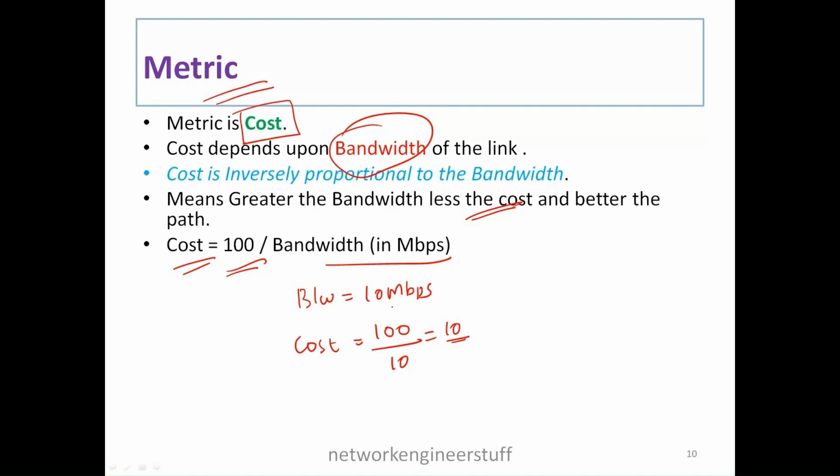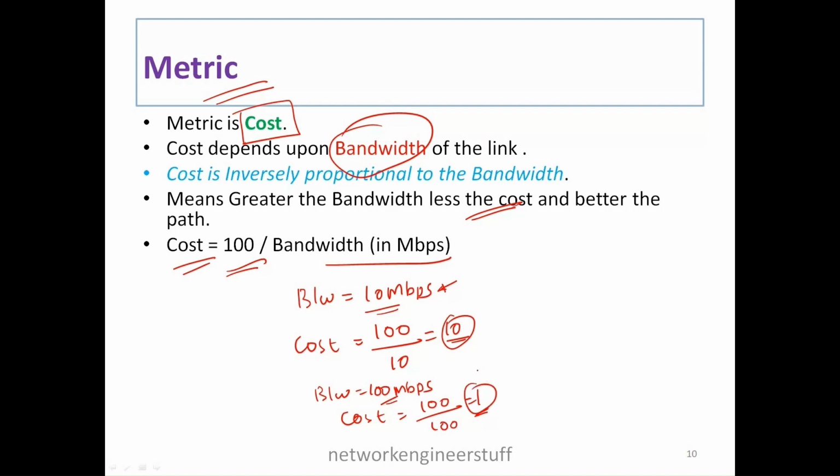The cost for a 10 Mbps link in OSPF will be 10. Let's say if the bandwidth is 100 Mbps, the cost will be 100 divided by 100, so it will be 1. So for the link with the bandwidth of 10 Mbps, the cost will be 10, and for the bandwidth of 100 Mbps, the cost will be 1.